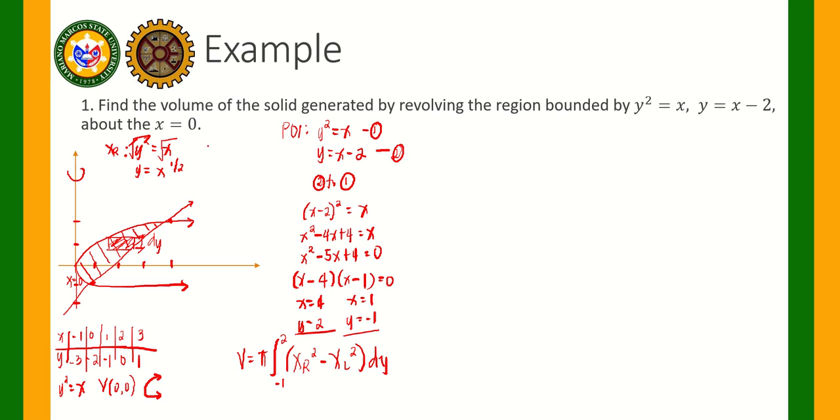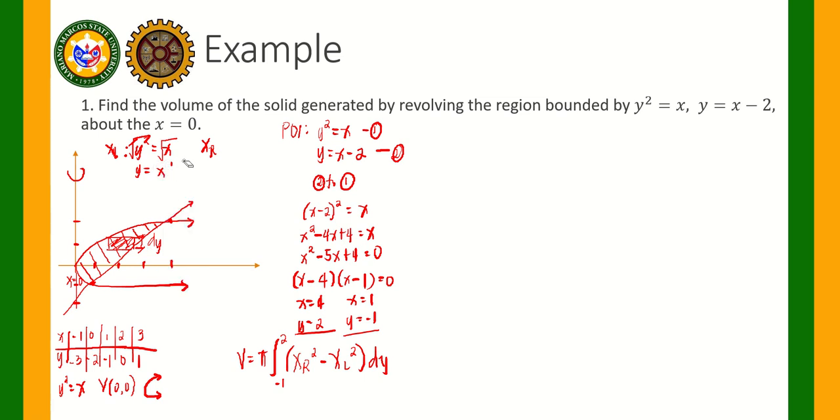Now, for our xl, yung xl natin, this is our xl. Ito yung xl natin, si parabola. Okay, so dy pala yung ating horizontal strip pala yung ating strip.